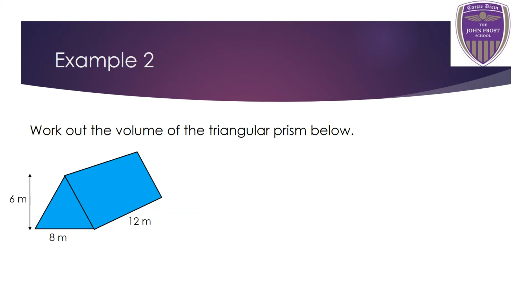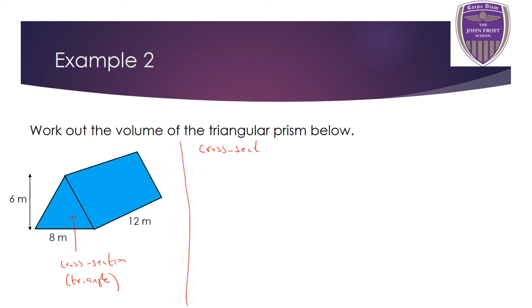Okay, example 2. Pause it, write it down, come back for the answer. Okay, welcome back. So first things first, look. This is the cross section. It's a triangle.